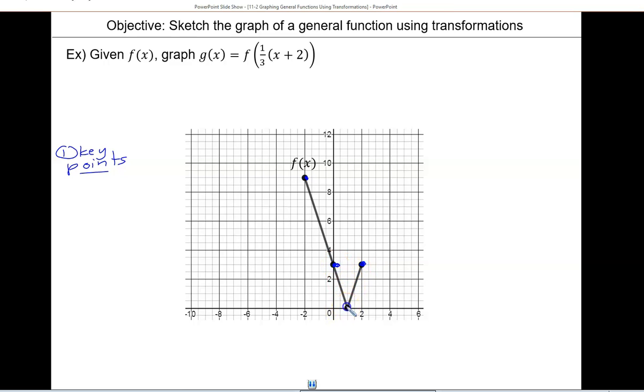I would do this minimum, which is also an x-intercept. I want to know what their coordinates are. Actually, I don't really need their coordinates, quite honestly, the way we're going to do it. Sometimes it can be helpful to write them down, but we're not going to do a whole bunch of math. We're going to visualize stuff today, so we really don't need their coordinates. So we'll just leave that part off.